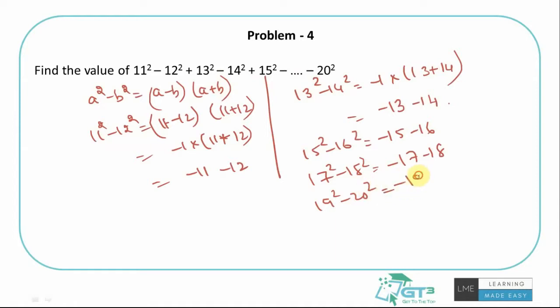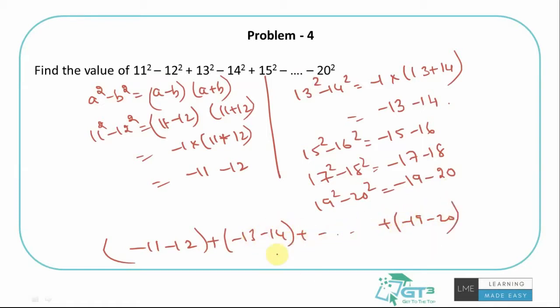It will also turn out to be minus 19 minus 20. So finally the entire expression will translate to minus 11 minus 12 plus minus 13 minus 14 plus and so on up to minus 19 minus 20. So it's basically minus 11 minus 12 minus 13 and so on up to minus 20. If I keep minus 1 common, it will be 11 plus 12 and so on up to 20.